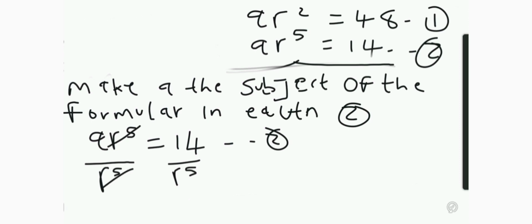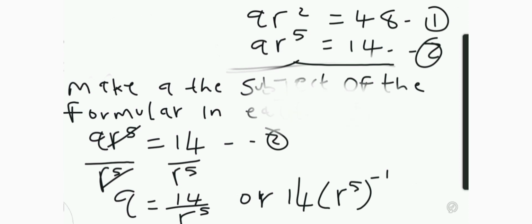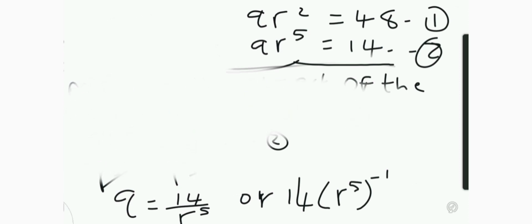Okay, so a is equal to 14 all over r^5. It's quite simple, is that not? Or you can call it 14 times (r^5) raised to the power minus 1. It's still the same thing as dividing by r^5, because of that raised to the power minus 1.